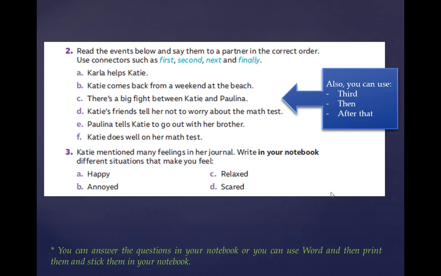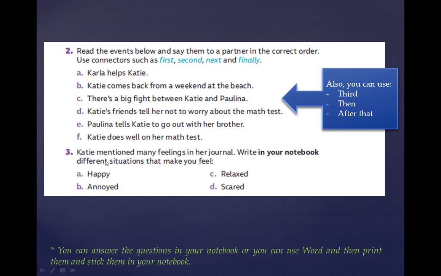You cannot tell that to a partner because you will be at your home. Maybe you can share this information with your mom, dad, a brother, or a sister. And you have to answer it in your notebook. There you will have to use connectors such as first, second, next, and finally. Also, you can use there, then, and after that.